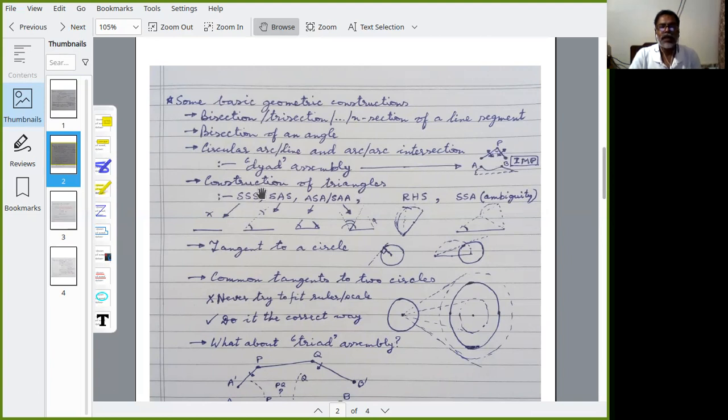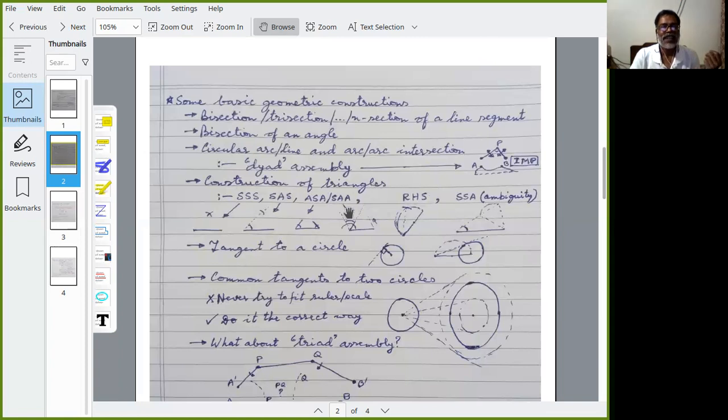The next set of constructions that quite often will be needed will be construction of triangles. And each kind of set of data with which you can construct a triangle basically is coded in terms of congruence of two triangles.